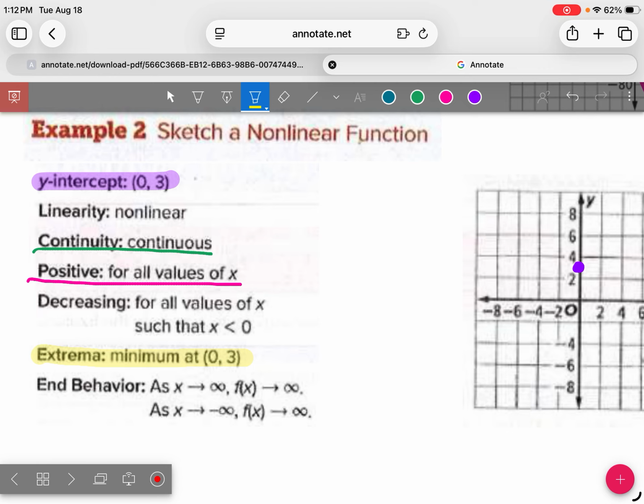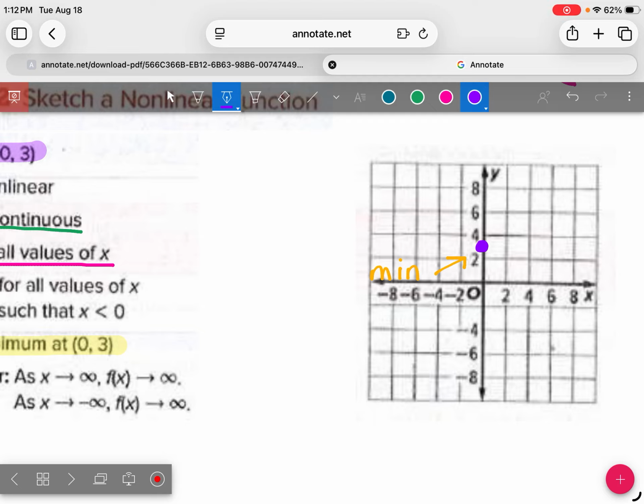So not only is that my y-intercept, this is also my minimum. So that's as low as my graph is ever going to go. Ever. It's never going to be below that.